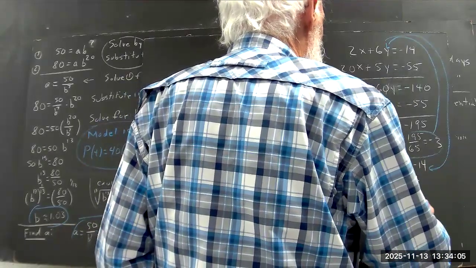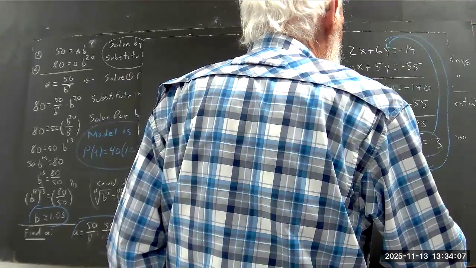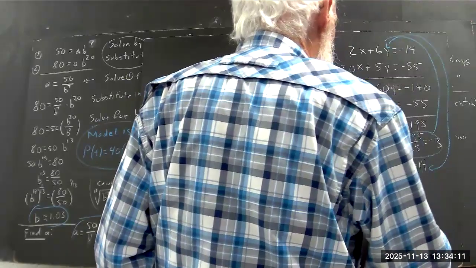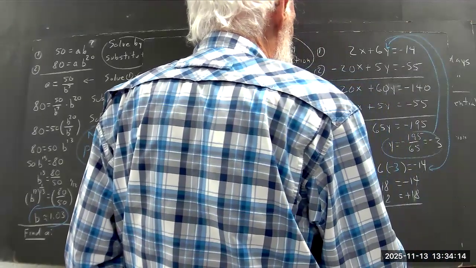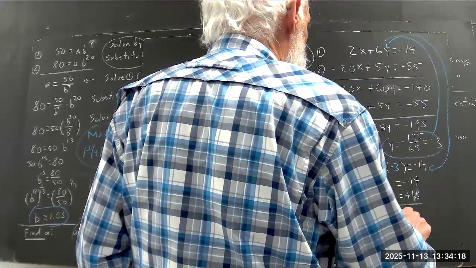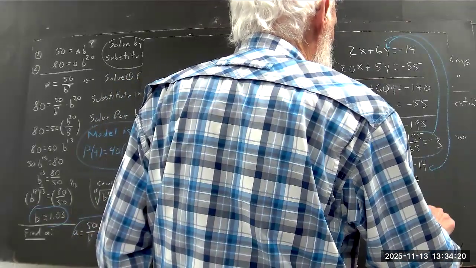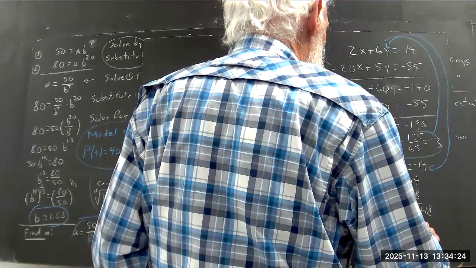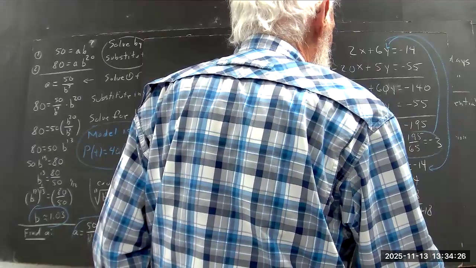We add 18 to both sides, and we get 2x minus 18 plus 18 equals negative 14 plus 18. So 2x equals 4 and x equals 2.